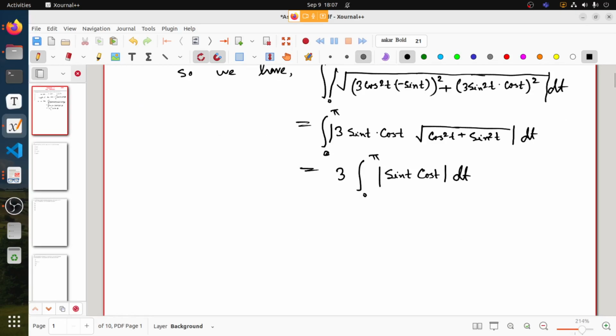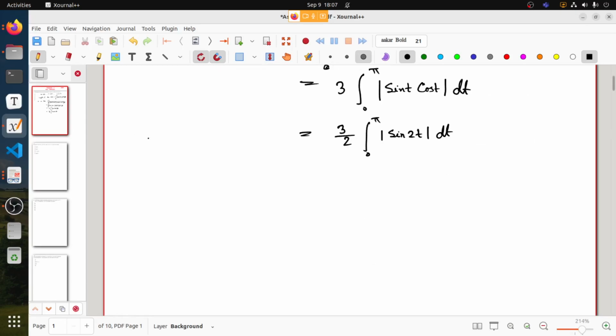Now how to integrate this? Just write 3 by 2, and the integration from 0 to pi of modulus of sin 2t dt. You can see the curve, with points 0, pi by 2, pi.